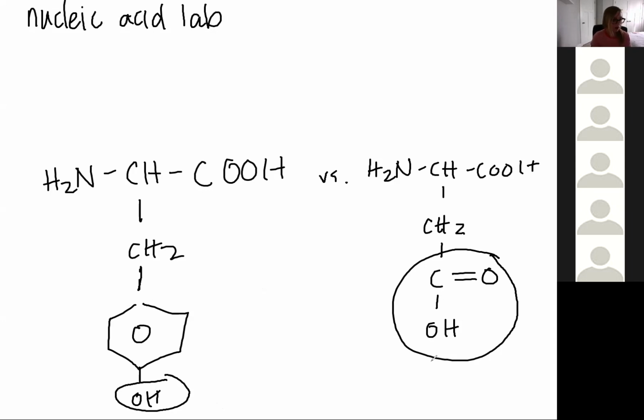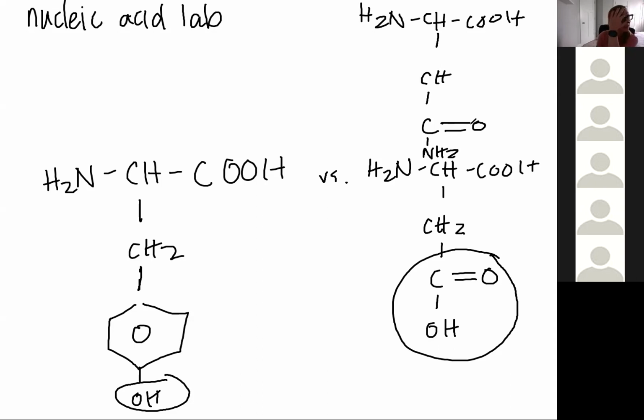And he might even throw in a structure that looks like this. And people will get thrown off. And the explanation for arginine would be the same as lysine. So students will get thrown off by this because we see a lot of this.